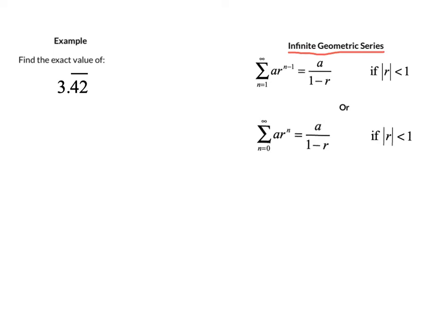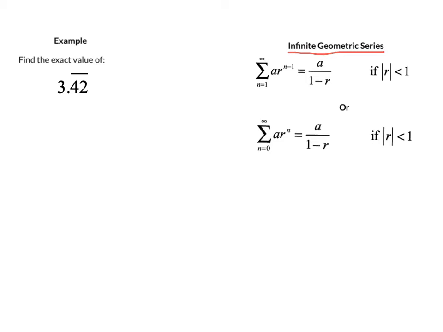And the example here shows a repeating decimal, which we may not think of as an infinite geometric series. So sometimes to apply the infinite geometric series formula, we need to rewrite our expressions to make it look like an infinite geometric series. And it all kind of starts with expanding out our repeating decimal.